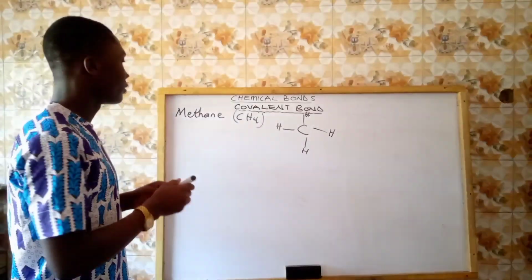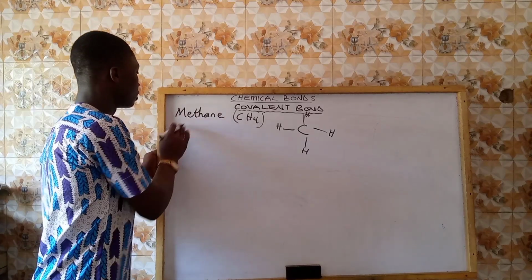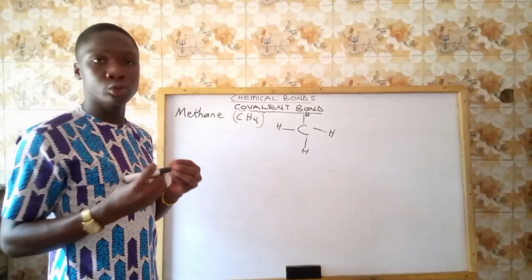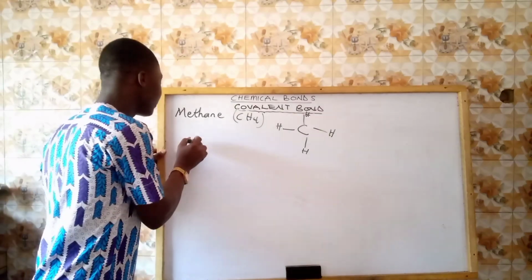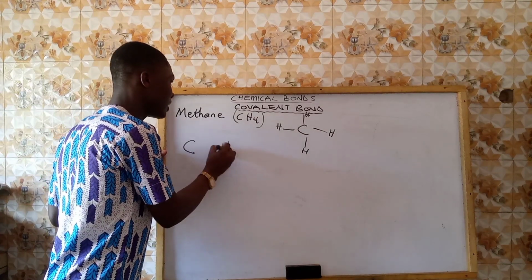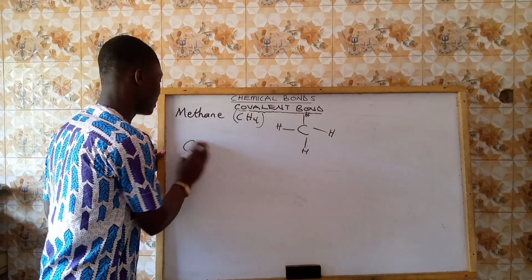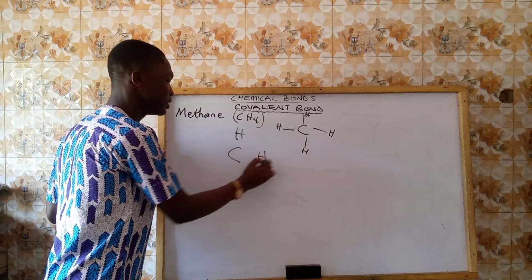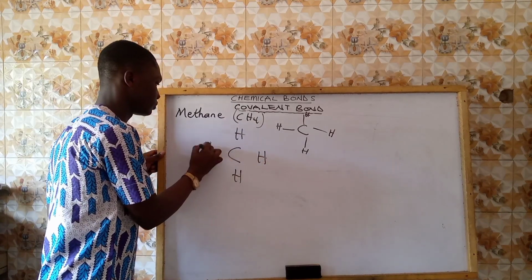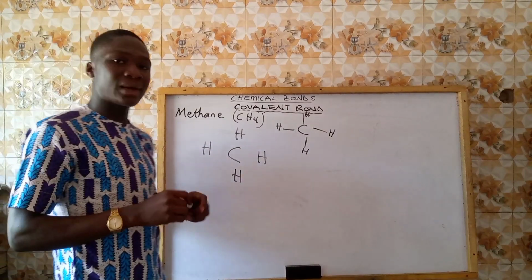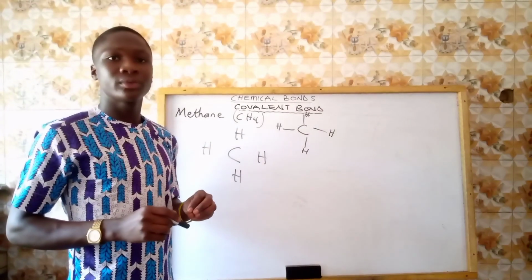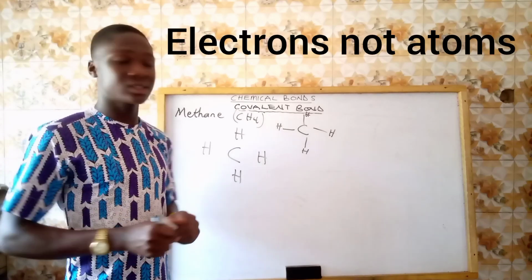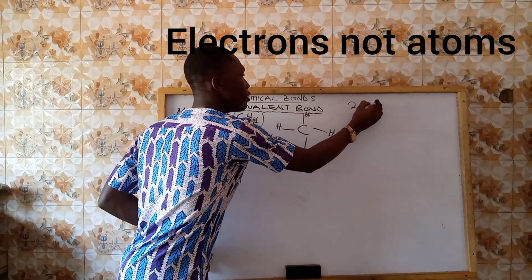Now let's continue with it. So let's draw or show how the bond will be formed. So you have C, carbon here, forming bond with 4 hydrogen atoms. Carbon is number 6. So 6, you have 2, 4.